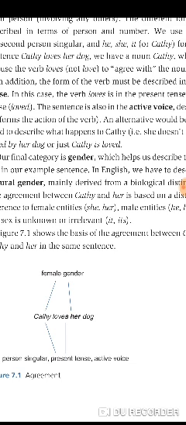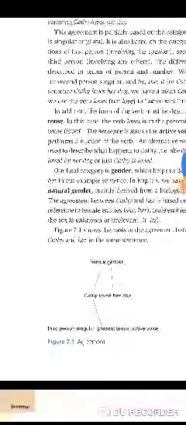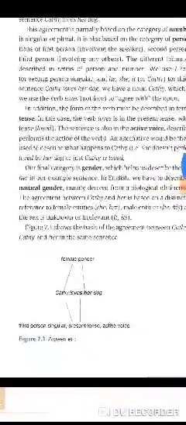Al-jami'ah is something else. It is feminine in Arabic. Okay? What is this? Well, in Arabic, we have got two types of things. One is natural gender. Okay?